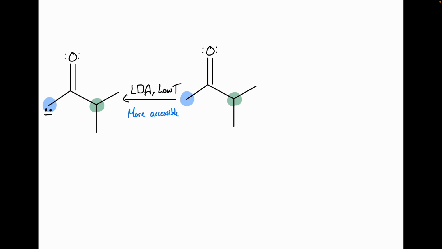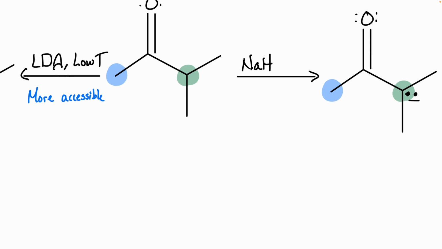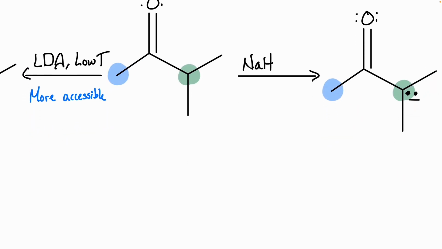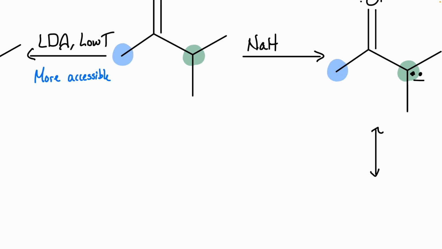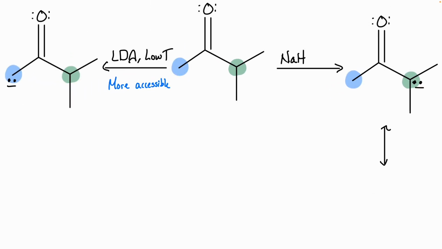If we use our teeny tiny base, sodium hydride, this is going to favor the other carbon. So why is that? That might be kind of hard to see when we use this form of our enolate ion. But everybody take a second and draw me that other resonance contributor of that enolate ion.